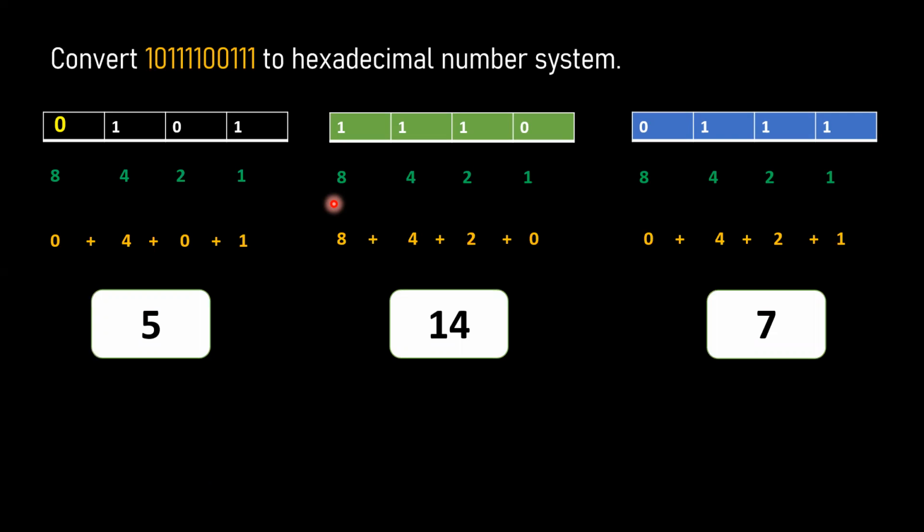Now, we know exactly that 5 is just 5. And 14, if A is 10, B is 11, 12 is C, 13 is D, so therefore 14 would be E. And 7 is also just 7.